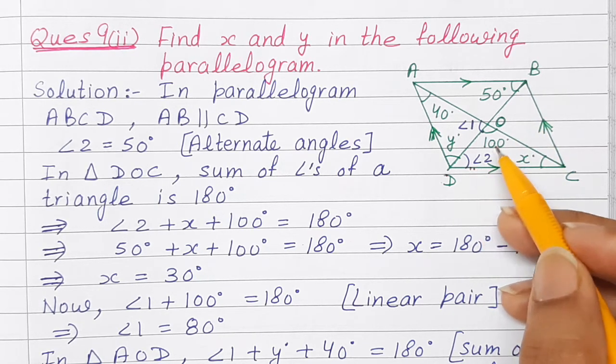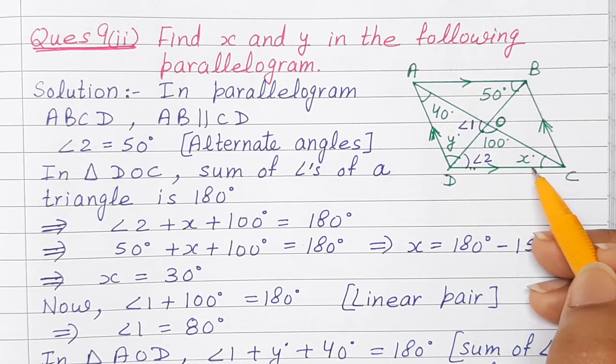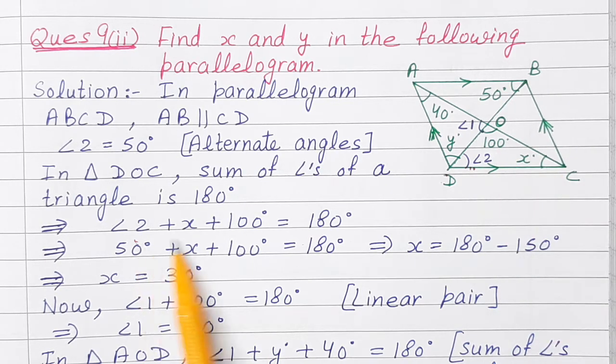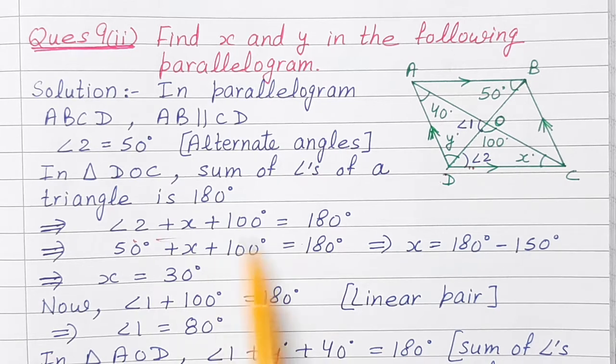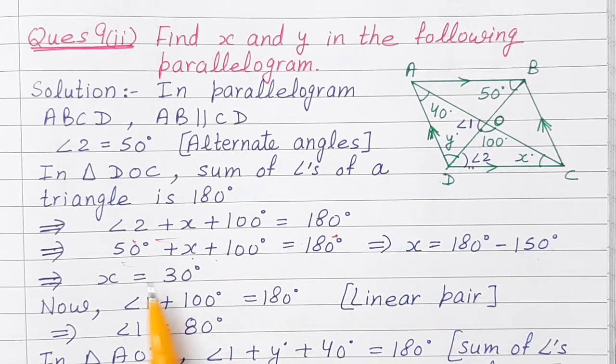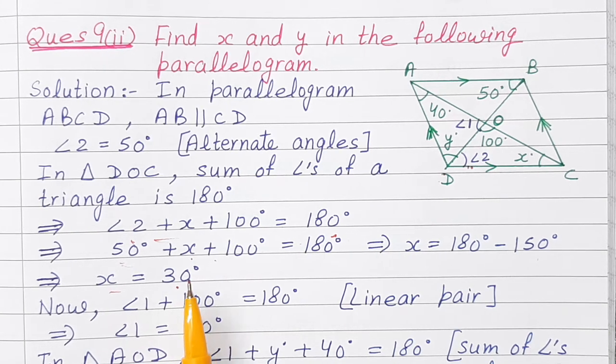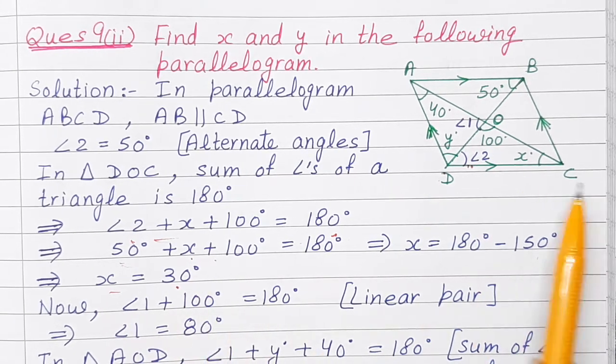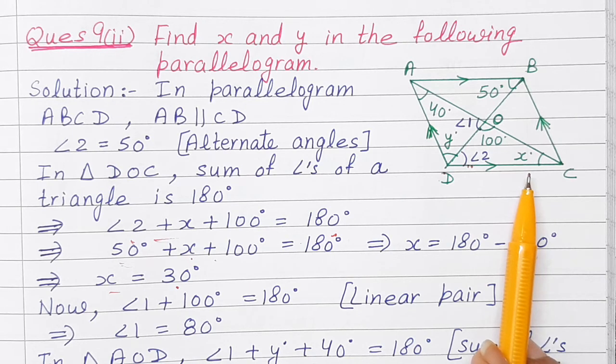So 50 degrees plus 100 degrees plus X is 180, right? Now X will be 180 minus the sum of these two, that is 150. So here X comes out to be 30 degrees.